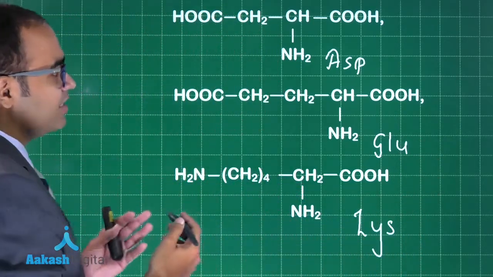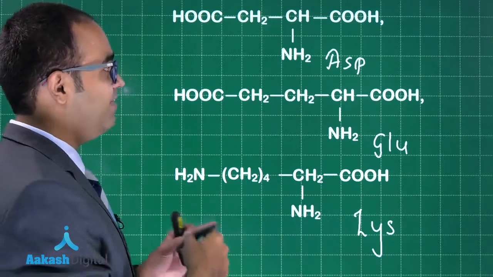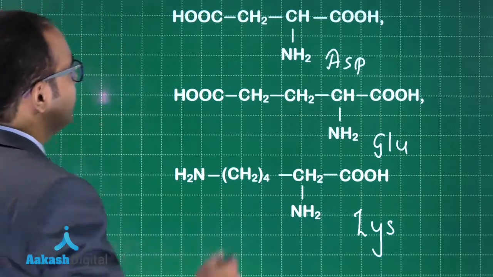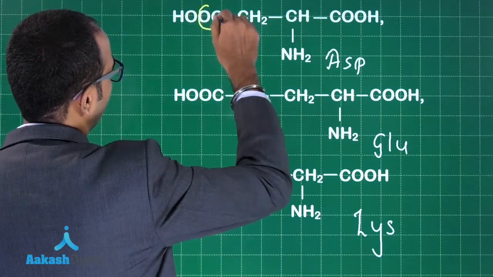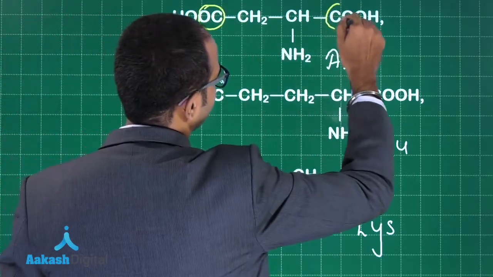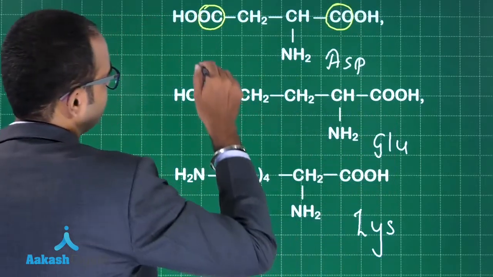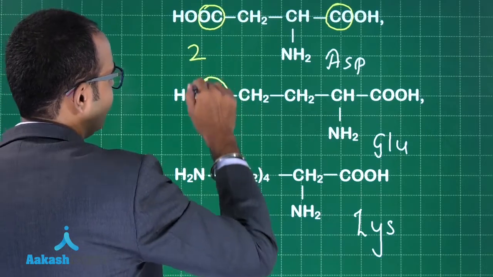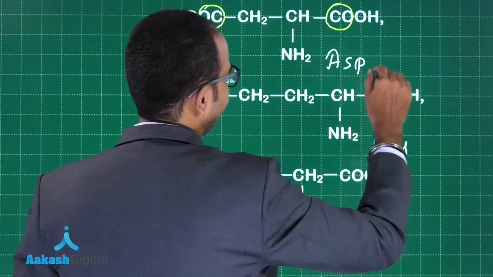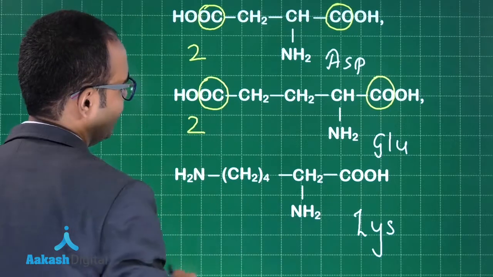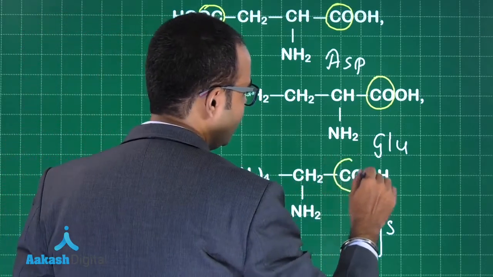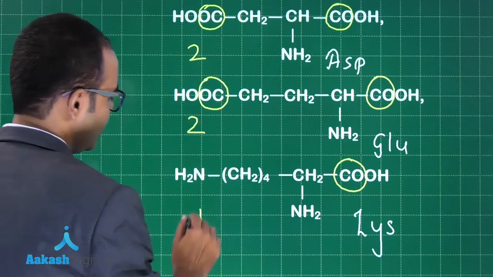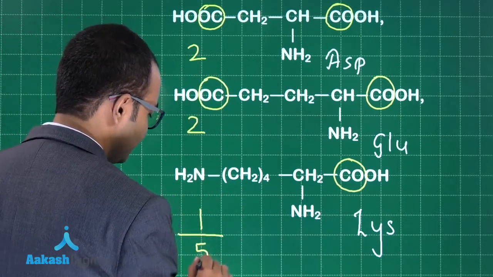If you know the structures of these amino acids, it is a very easy question, guys. How many C double bond O groups do I see? In the first compound, there are two carbonyl groups. In the second compound, there are again two carbonyl groups, right? In the third compound, there is only one carbonyl group. So the total is 5.